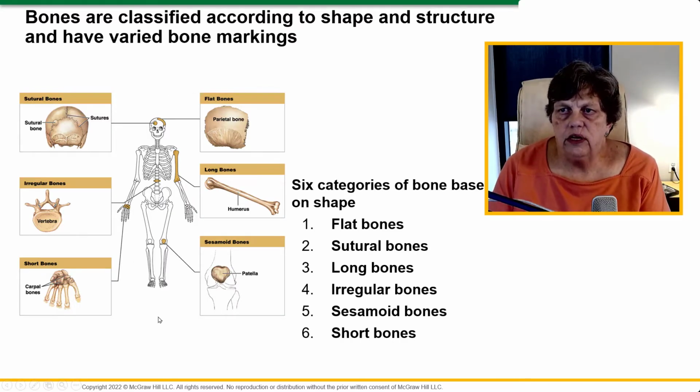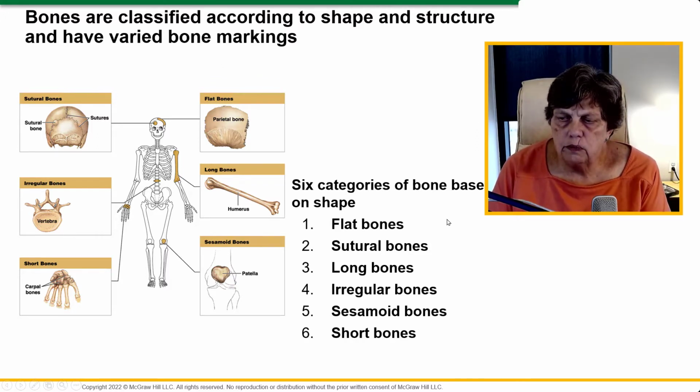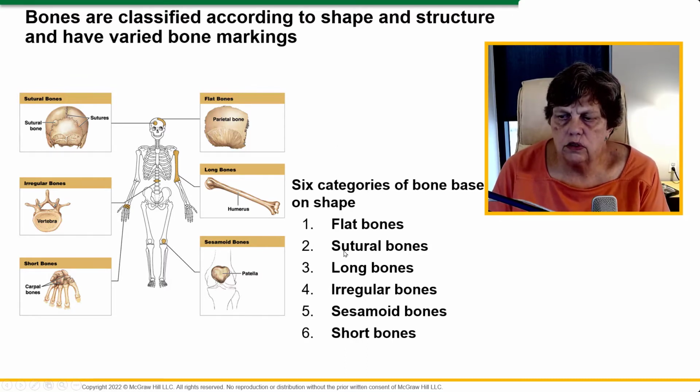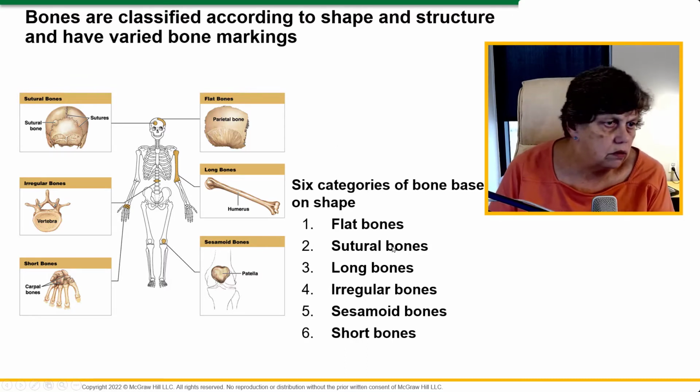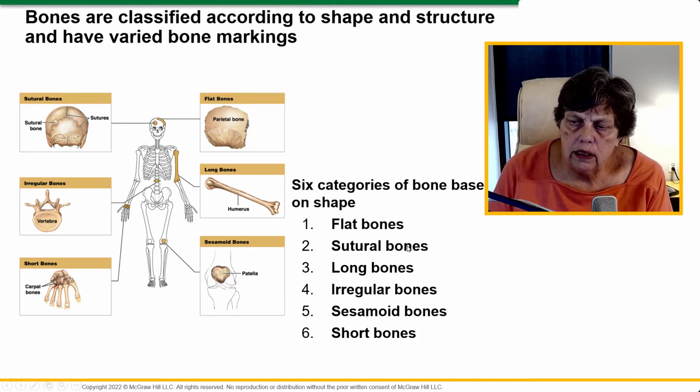So we classify them according to shape and structure. We have six basic categories: the flat bones, the sutural bones, which we'll talk about, the long bones, the irregular bones, the sesamoid bones, and the short bones.